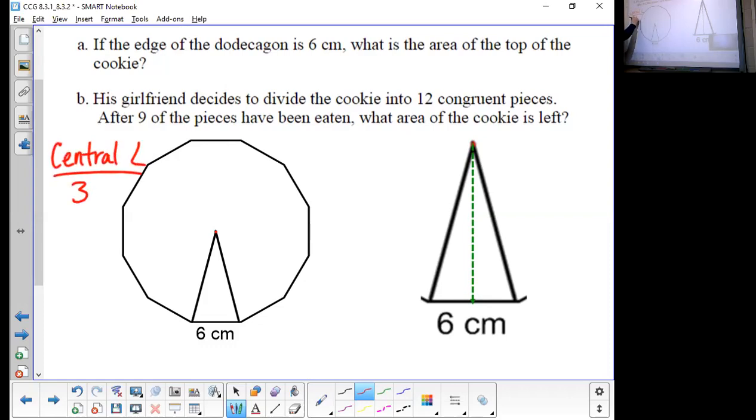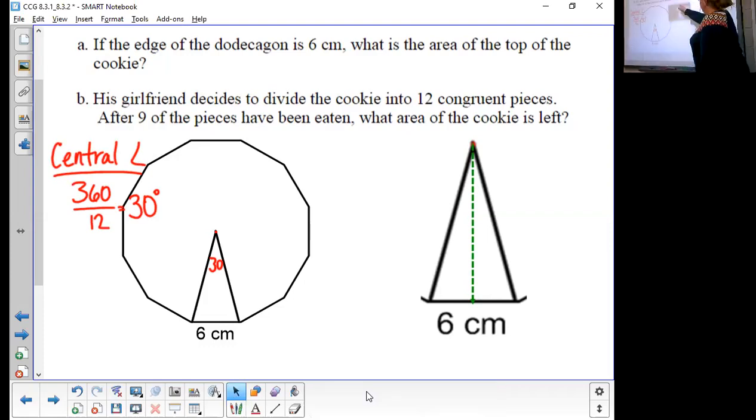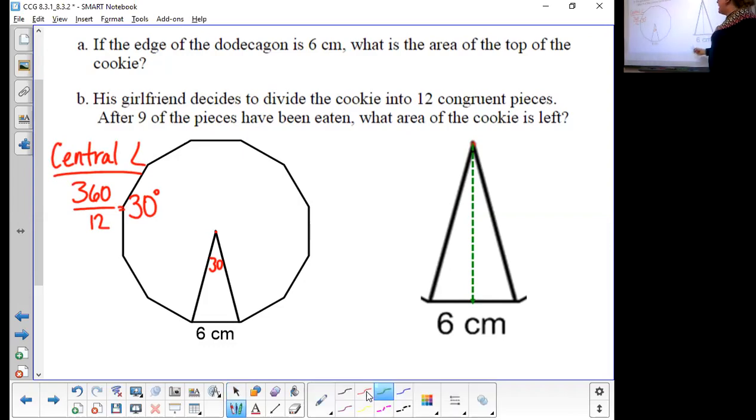I'm going to do 360 divided by what number if it's a dodecagon? 12. So my central angle will be 30 degrees. I'm going to split it up here so that I can find my height.